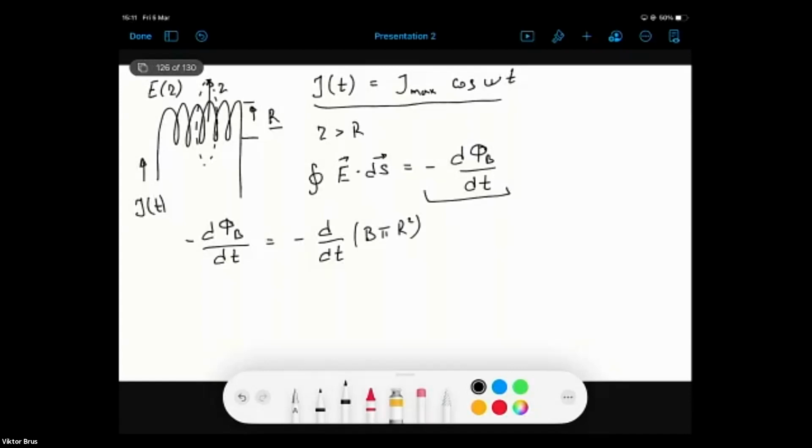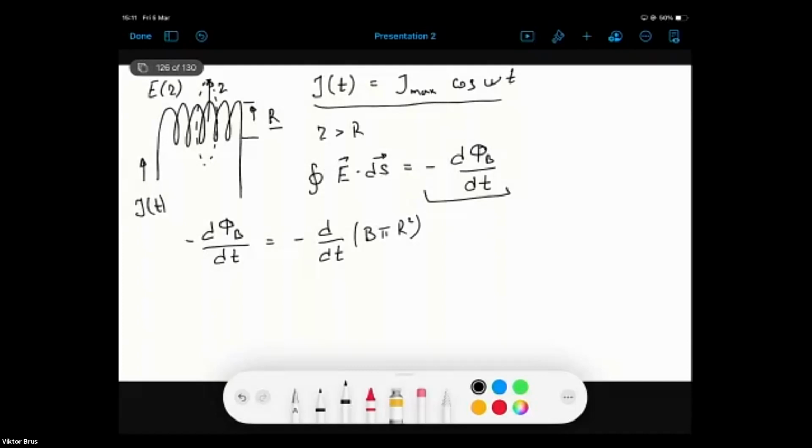We know from previous lectures that because of the structure of the solenoid, we have a very strong magnetic field in the interior area of the solenoid, and in the outer space of the solenoid the magnetic field is much weaker.